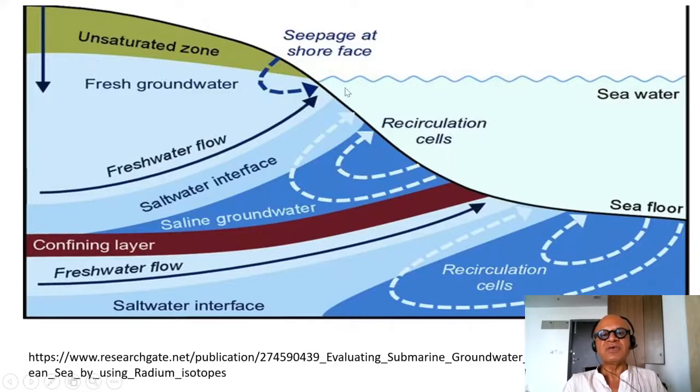Basically, there is seepage at shore interfaces coming from the unsaturated zone in terms of soil water. Of course, when you say groundwater, you have saturated soil. So fresh groundwater and freshwater flow together puts in some amount of flux which are products of weathering.